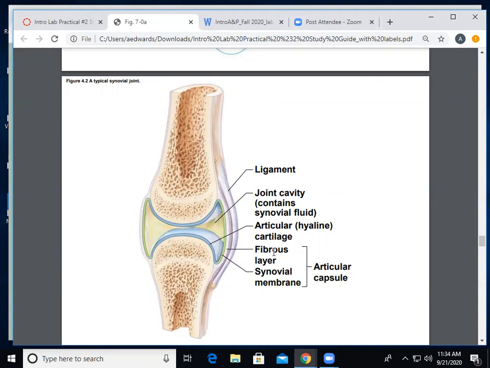Now, when you combine the fibrous layer and the synovial membrane, we call that the articular capsule. Okay, and that essentially holds the cavity in place. Keeps your elbow joint, your knee joint, in place so that it can handle shock between the running, jumping, walking.